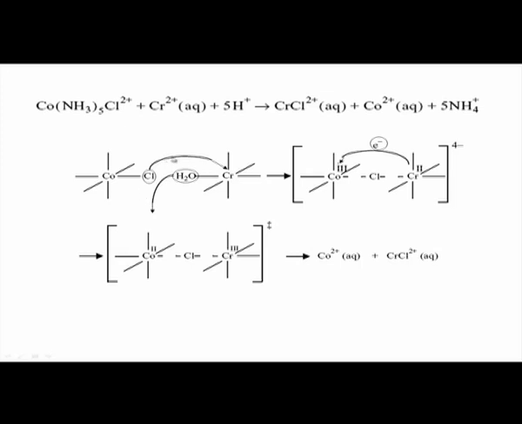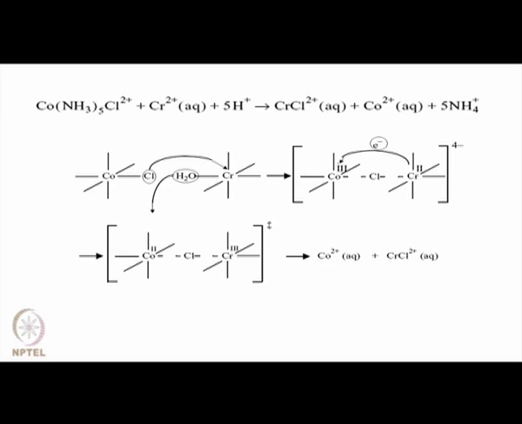So this attacks over here, then water is expelled. It is a kind of SN2, although it may not be from the back side. Because of this bridge formation, these two interacting entities are now in close proximity.